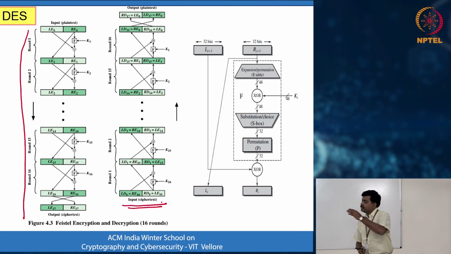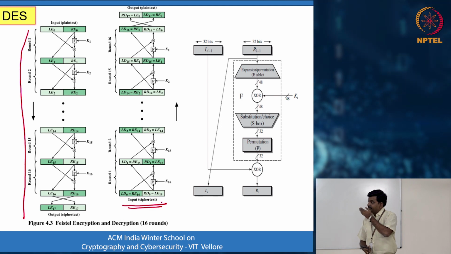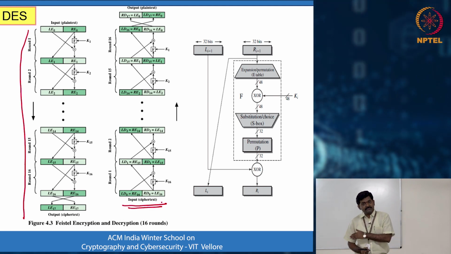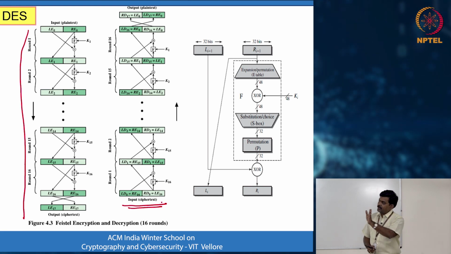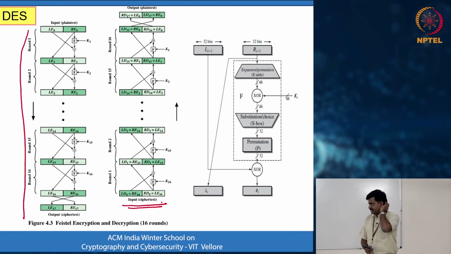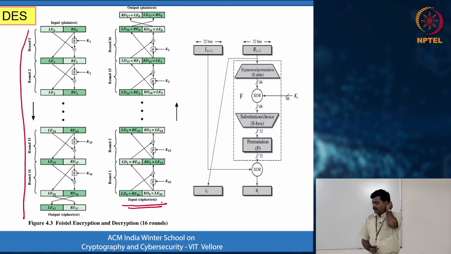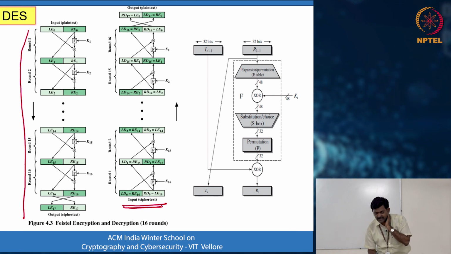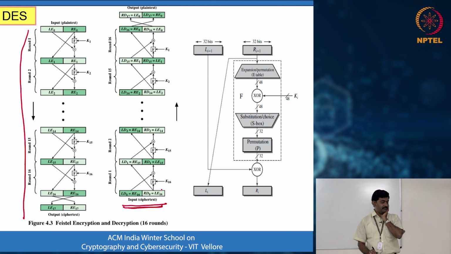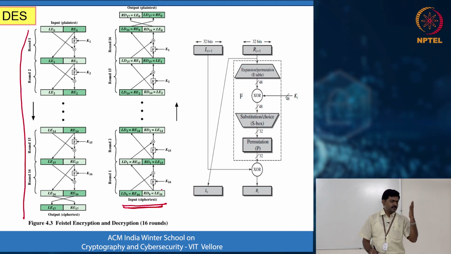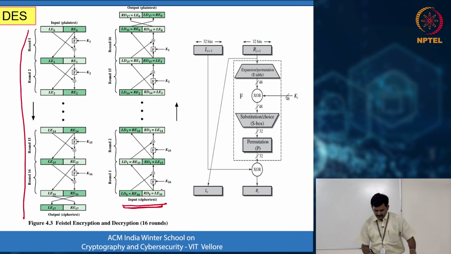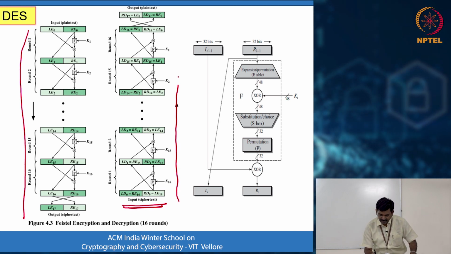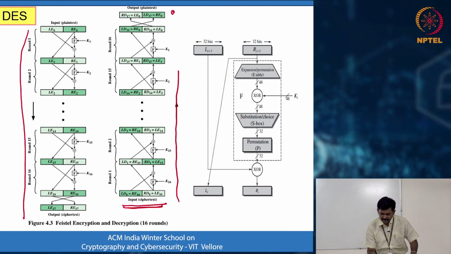So either you give the final round key to the receiver, or give the original key to the receiver and allow him to generate the keys. You start from the ciphertext and the 16th round key and go in reverse to perform decryption. So we go back to get your plaintext.